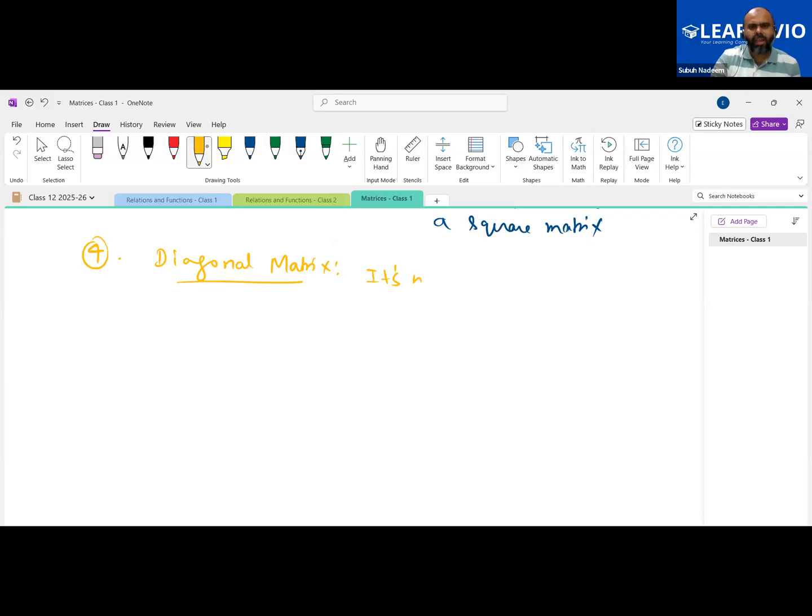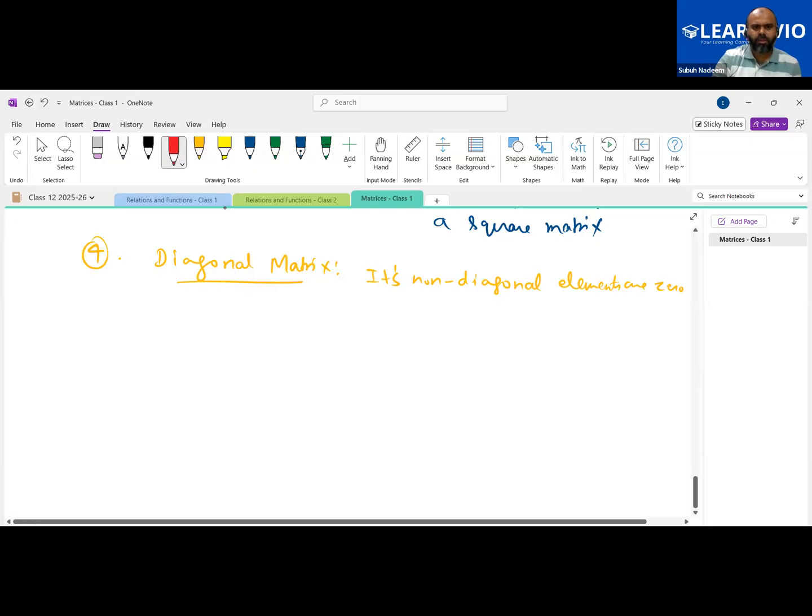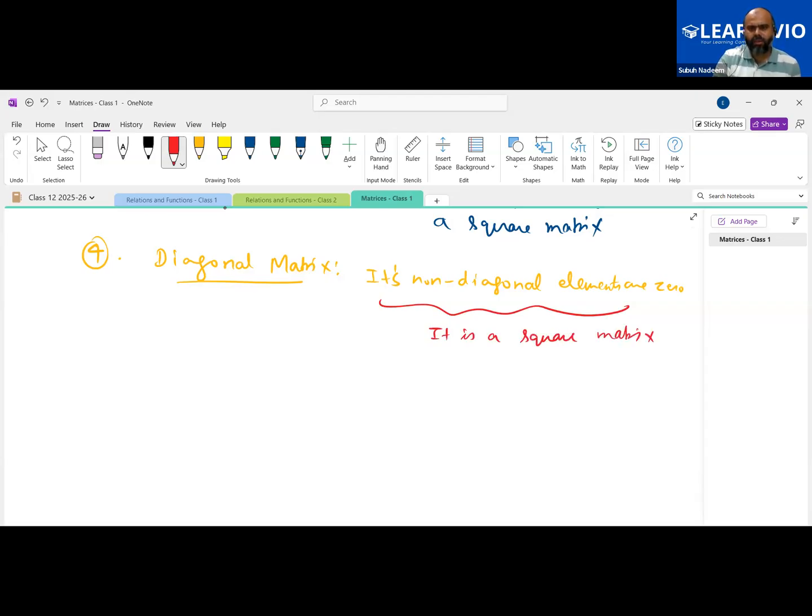Its non-diagonal elements are zero, and it is a square matrix. It is a square matrix, and in this square matrix, non-diagonal elements are zero.